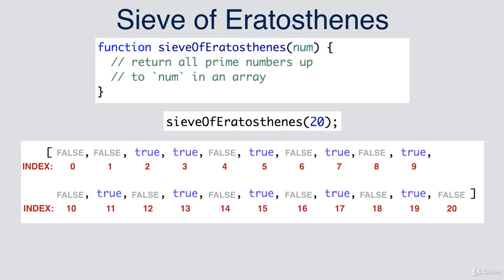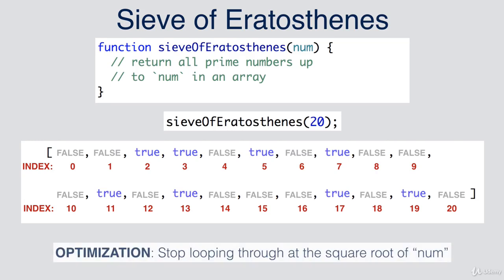So we will mark 6 as false again, 9 as false, 12 as false again, 15 as false, and 18 as false. Then we move on to 4, and so on. We go through every number in our list and mark all of its multiples as false to signify that they are not prime. Easy as that.